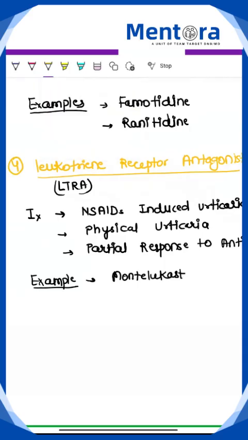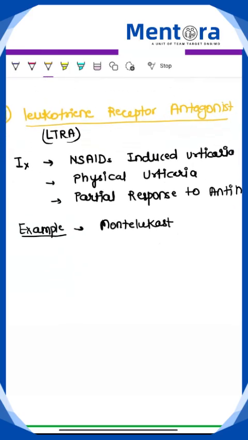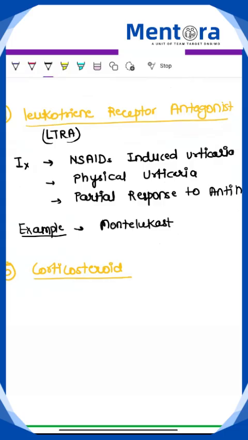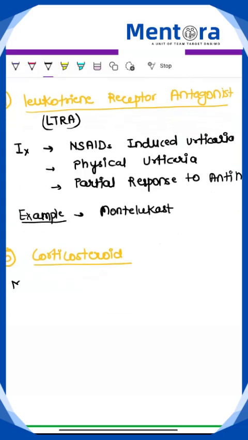The fifth category of drug is corticosteroid. The mechanism is it suppresses the mast cell mediator release.